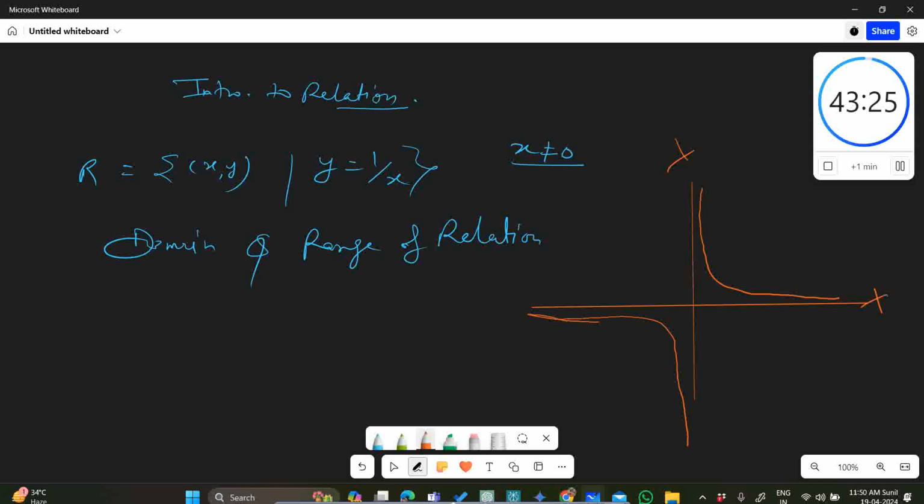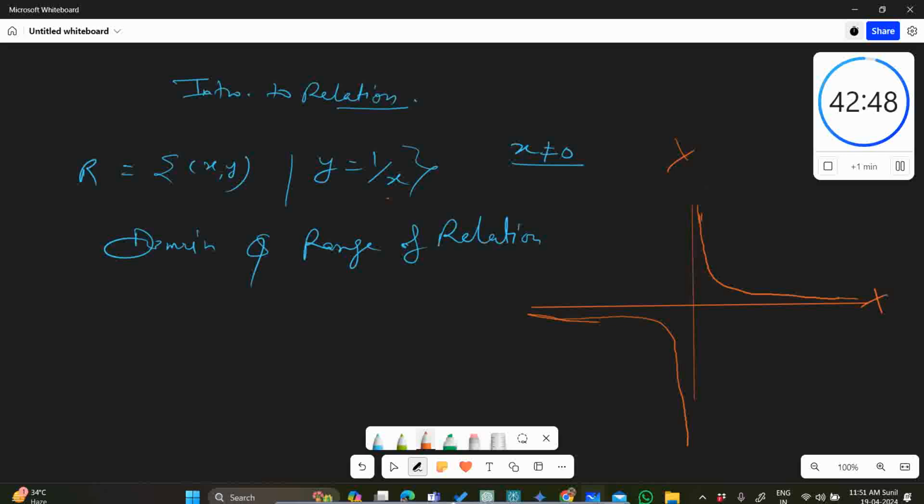When x reaches 0, y reaches infinity. When x reaches infinity, y reaches 0.